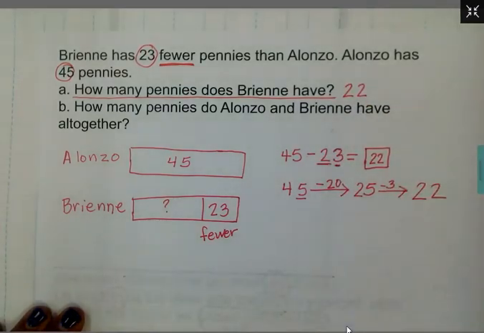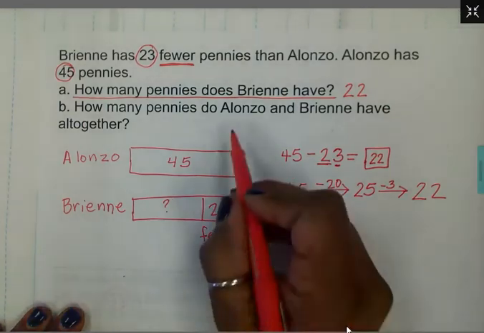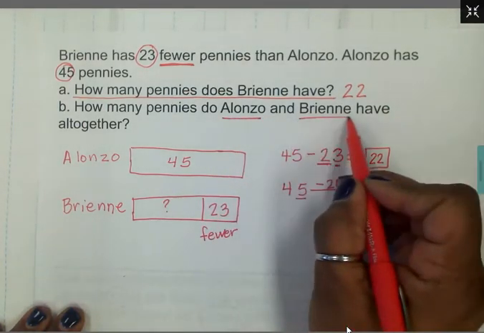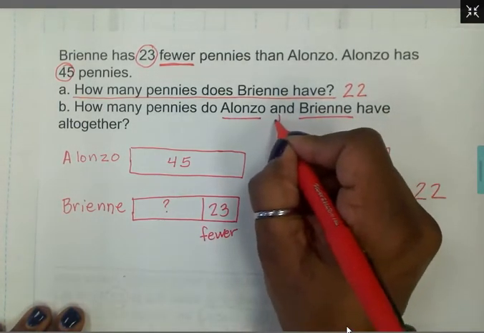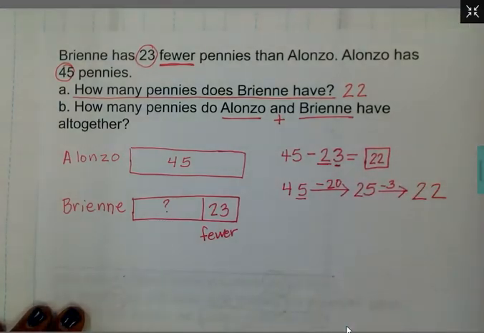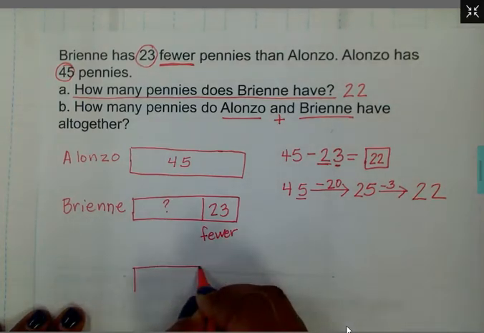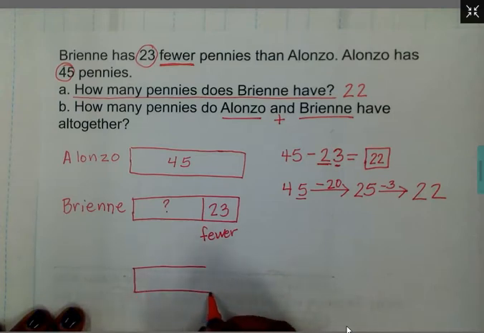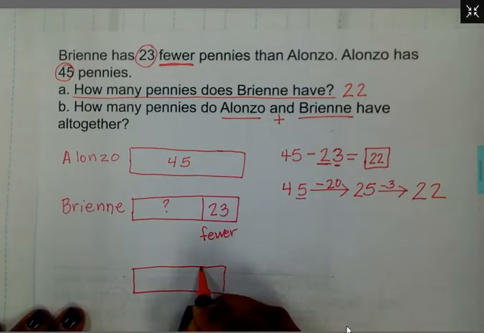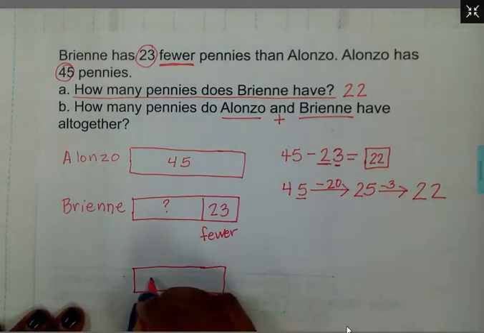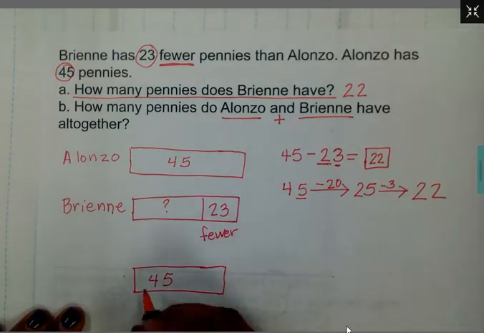All right, now part B says, how many pennies do Alonzo and Brienne have altogether? So we have that word and. So we're going to work part B. Tape diagram for part B. All right, we have 45 because that's how much Alonzo has.